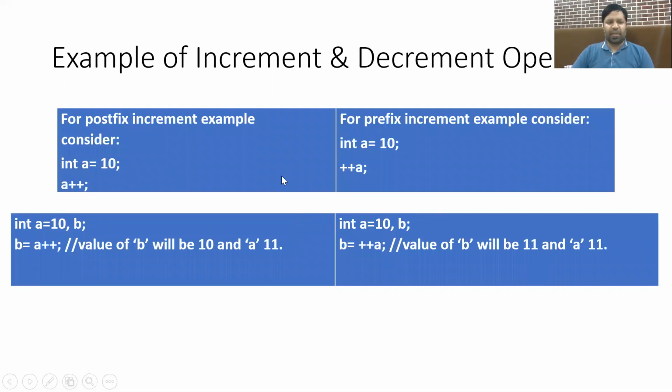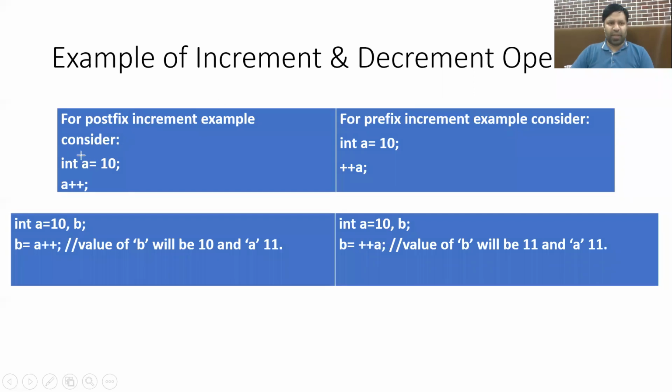In the first table, the increment and decrement, postfix and prefix are used without the assignment, and in table number 2, the pre-increment and post-increment have been used with the help of assignment. So when we use the increment operator either as postfix or prefix without the assignment operator, it does not make any difference. So here you can see in the example, integer a is equal to 10.